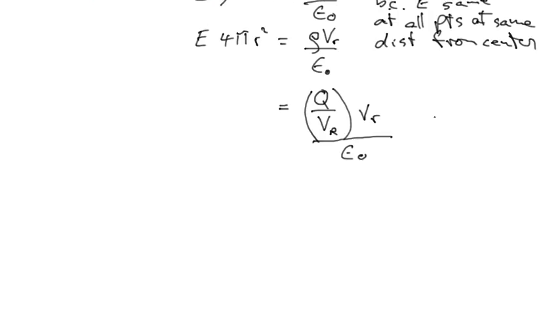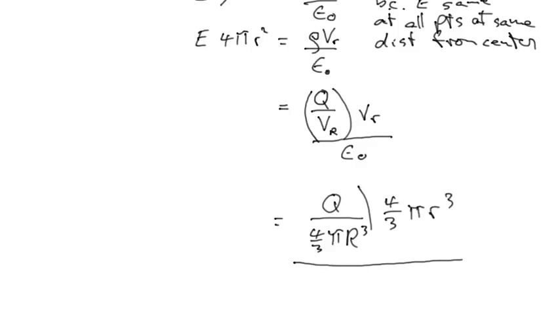Now the big volume V sub R is 4/3 pi times big R cubed, and the little volume is 4/3 pi times little r cubed, and then all of this is to be divided by epsilon 0.